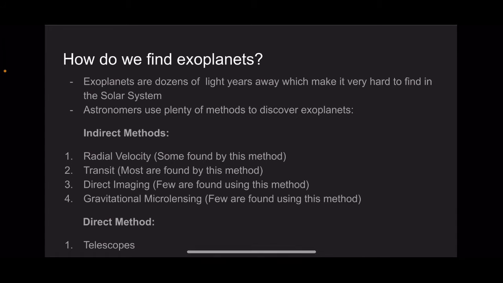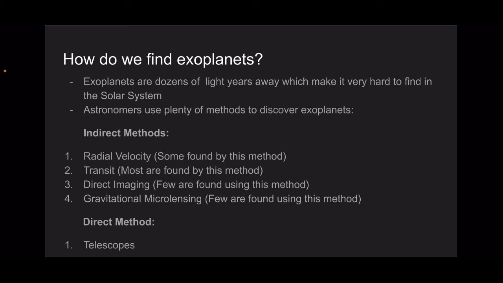So how exactly do we find exoplanets? Exoplanets are dozens of light years away, which makes them very hard to find. One of the closest exoplanets is, I think, 40 light years away, but I might be wrong, so I don't want to state that wrongly. But astronomers use plenty of methods to discover exoplanets.